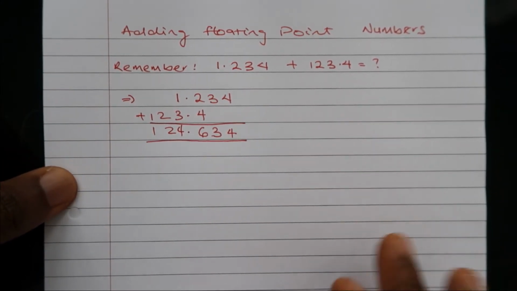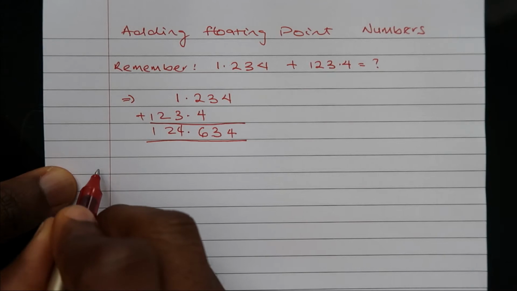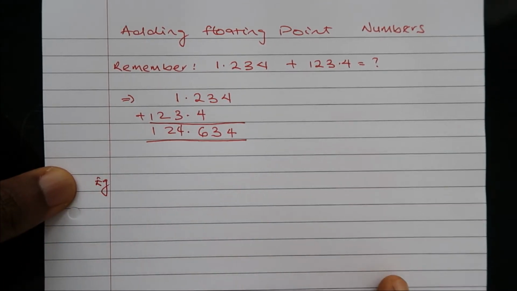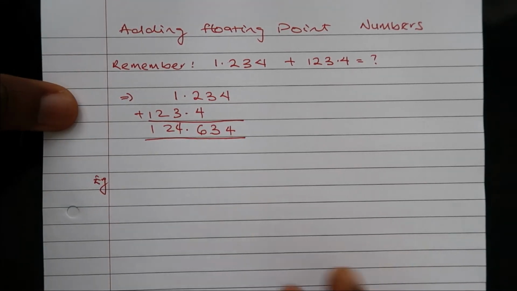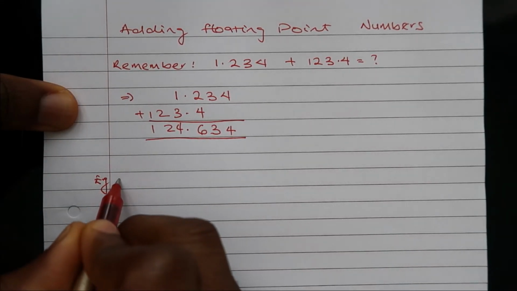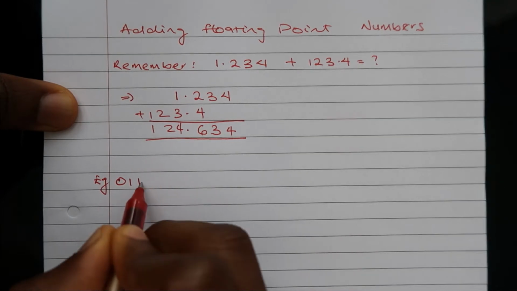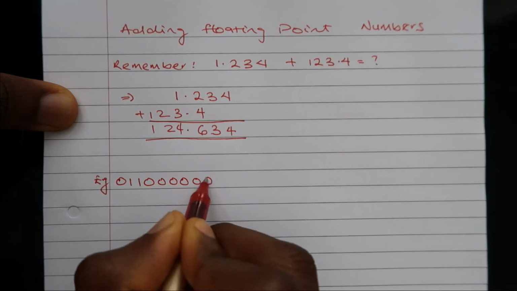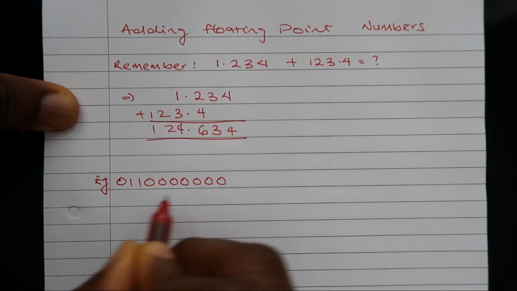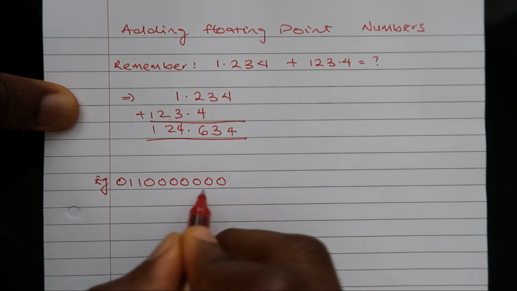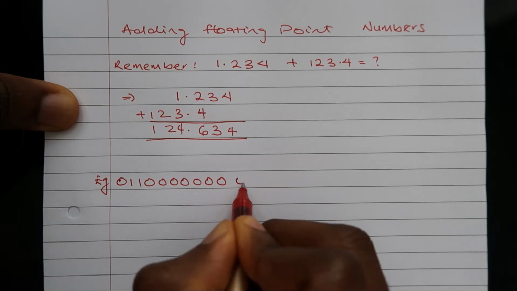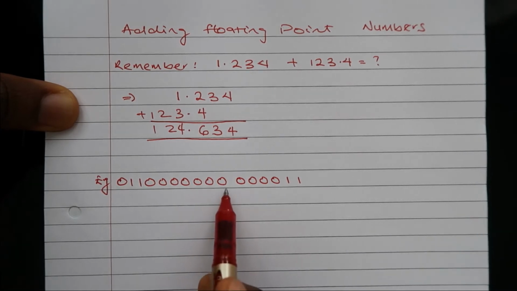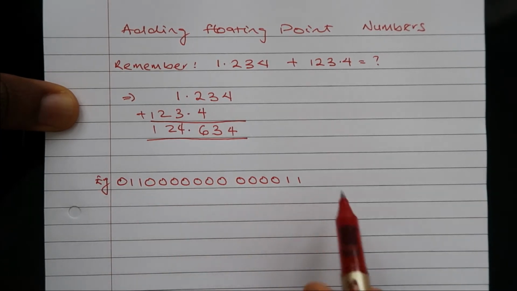So let's see how you will do this with floating point numbers. In our example, we're going to add a value with a 10-bit mantissa, and the exponent for this value is 000011. So a 10-bit mantissa and a 6-bit exponent.